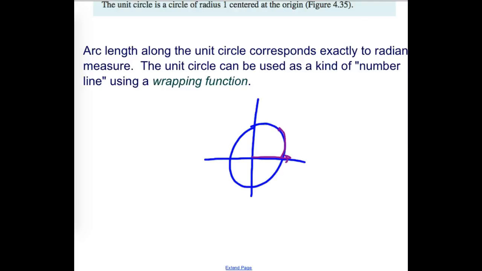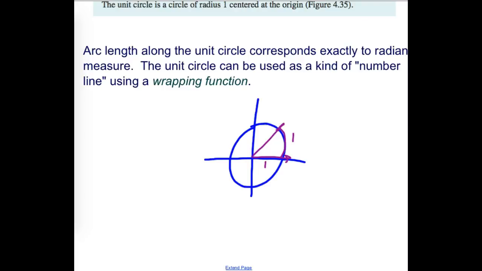Yes? So if we've defined this as our unit circle, its radius is 1. So when we measure off 1 space along the circumference, that's 1 radian.